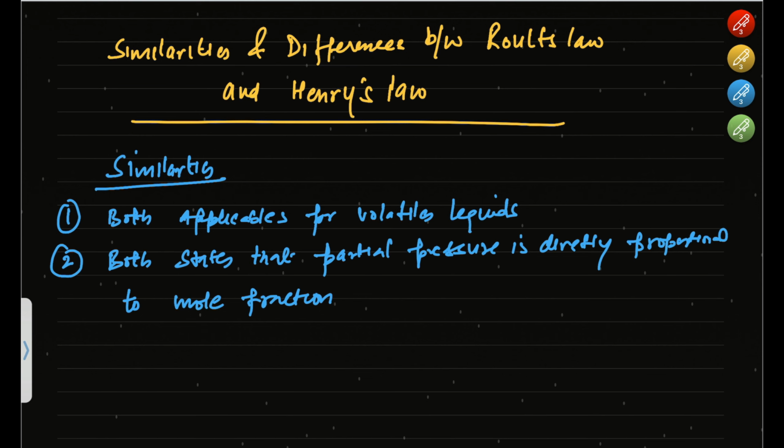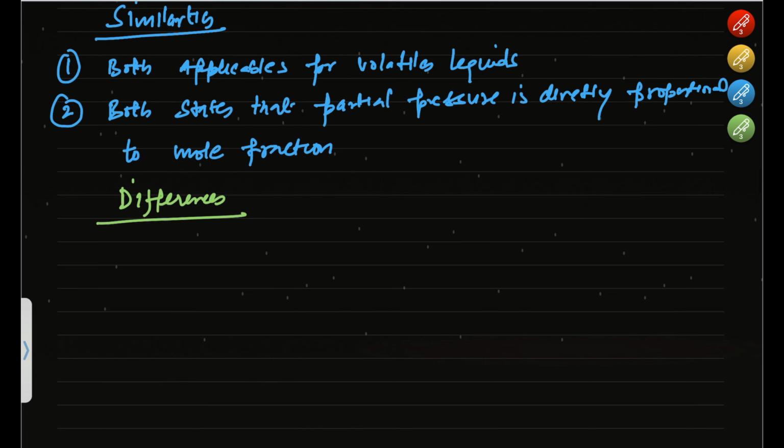And the next heading is the differences between Raoult's law and Henry's law.